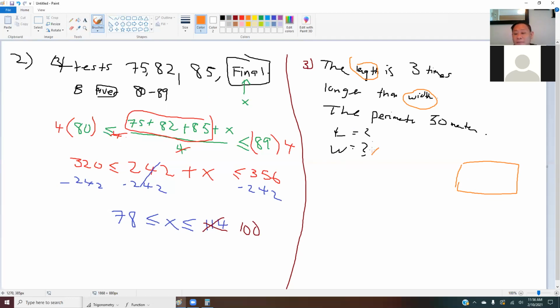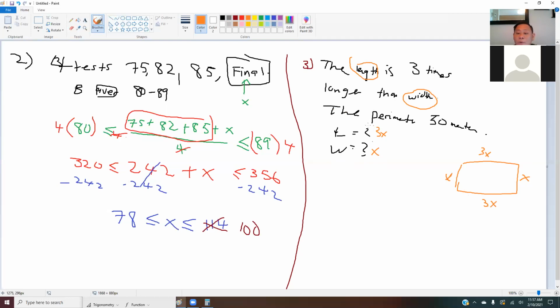So this is X. The length is 3 times longer. So how do we write? 3x. Yep. So now fill in this rectangle. This is the width, which is x, and the length is 3x. So this will also be 3x because it's the same, and the other one is also x.